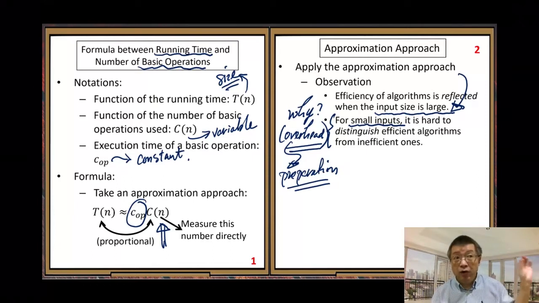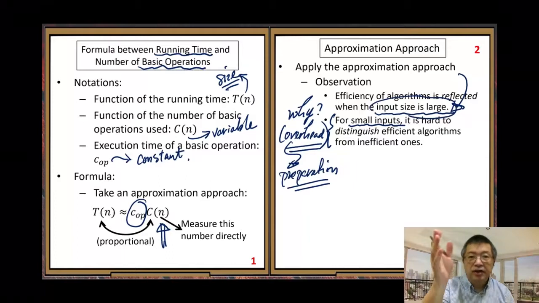Among 100% of the total execution time, the overhead part becomes less than 1%. So you can ignore that, right? That's the reason we like to look at very large input sizes.